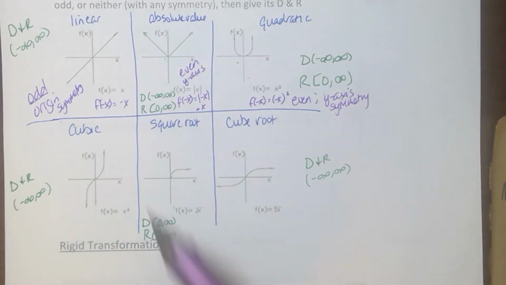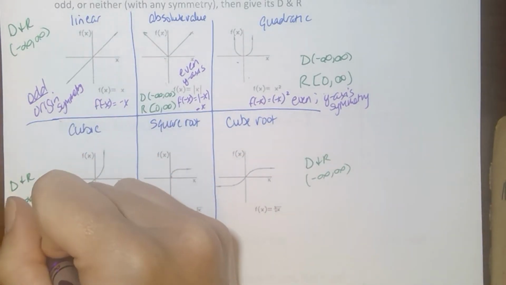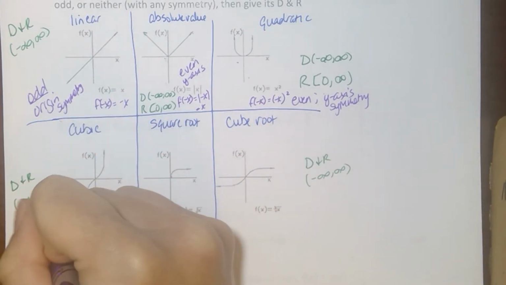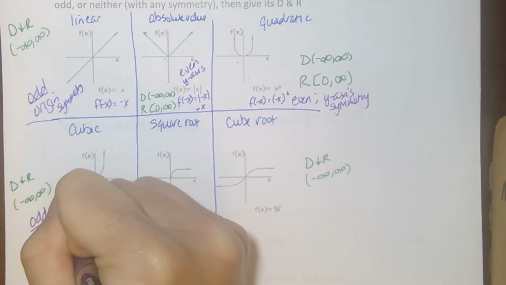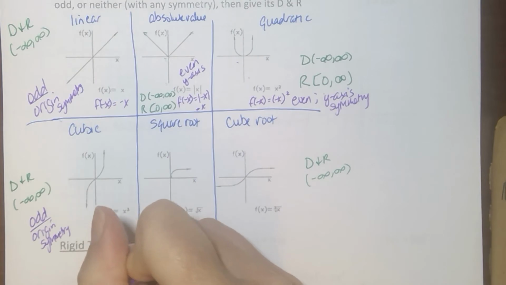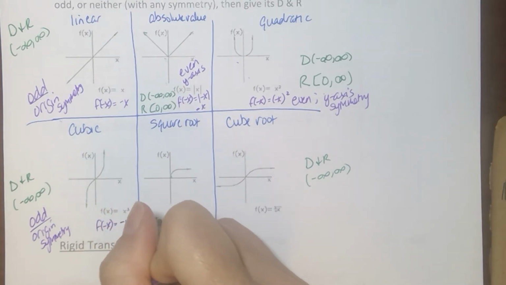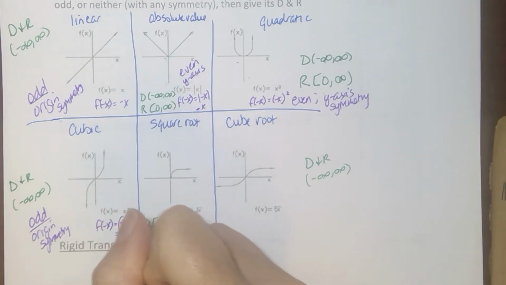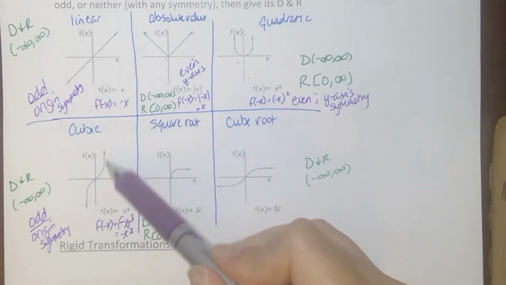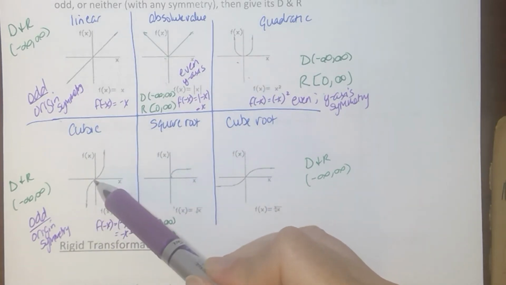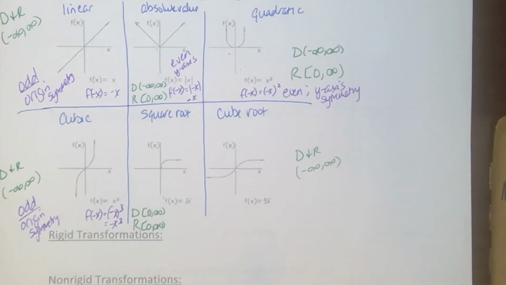We discussed the cubic function as our example of an odd function with origin symmetry. Because when I plug in a negative x, I get out the opposite of the original function. And visually, I see that because I've got that twist in the middle, centered on the origin.